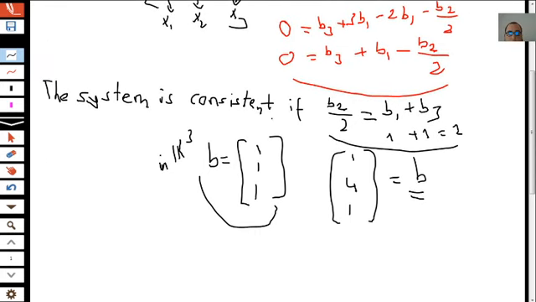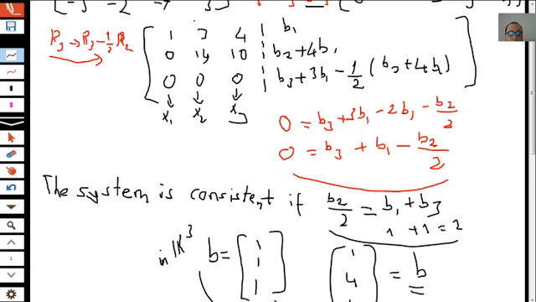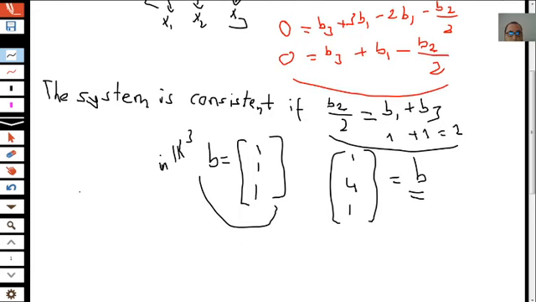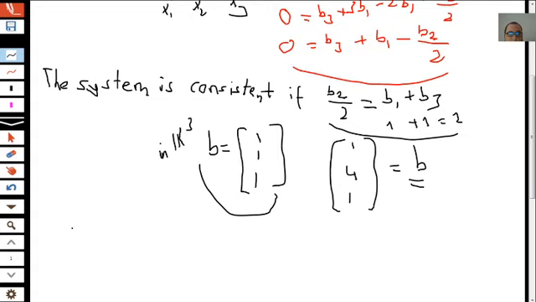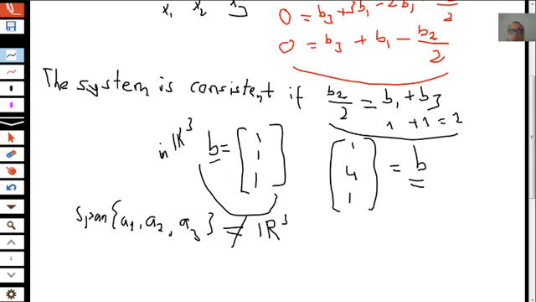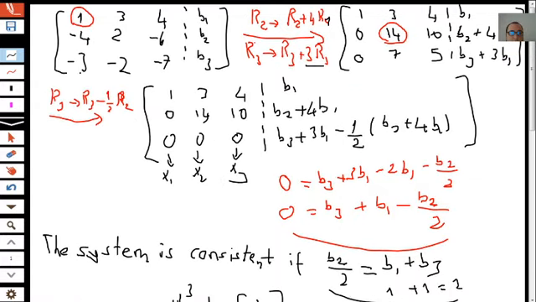Therefore, the columns of the matrix do not span R cube, namely span of a1, a2 and a3 is not equal to R cube, because this vector is not a linear combination of the columns of the matrix A, which is the coefficient matrix written here.